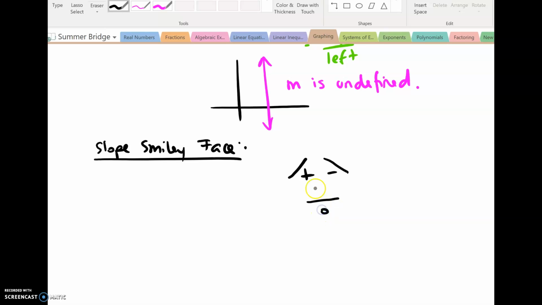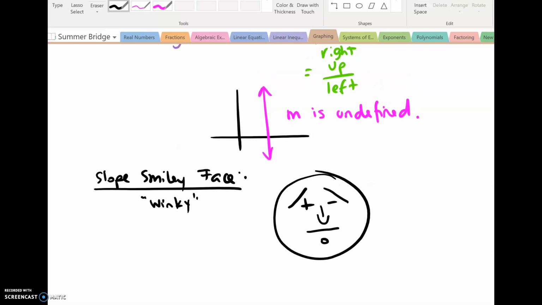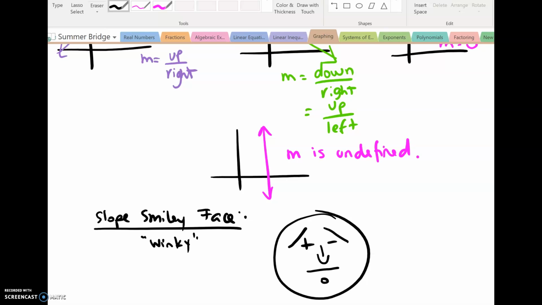That's 0 slope. And that's undefined slope. If we circle it all together, it's, well, smiley face or winky face, I guess. Okay, so that's just another way of kind of reminding yourself of the different types of slope. Like I said, it's just kind of a shortcut to remembering the different kinds of slope.